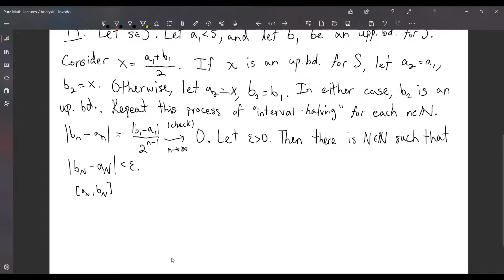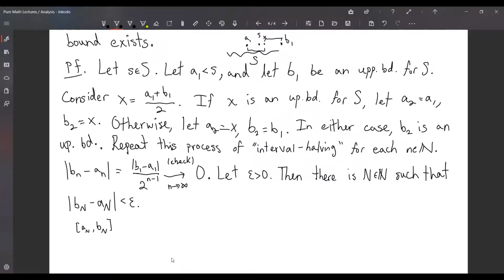And since we are doing this interval halving, we also can notice that each interval is going to be contained in the next one, right? So if n is bigger than or equal to big N, we know that a sub n and b sub n are going to be contained in the interval a sub big N, b sub big N. And you can sort of see this pictorially.